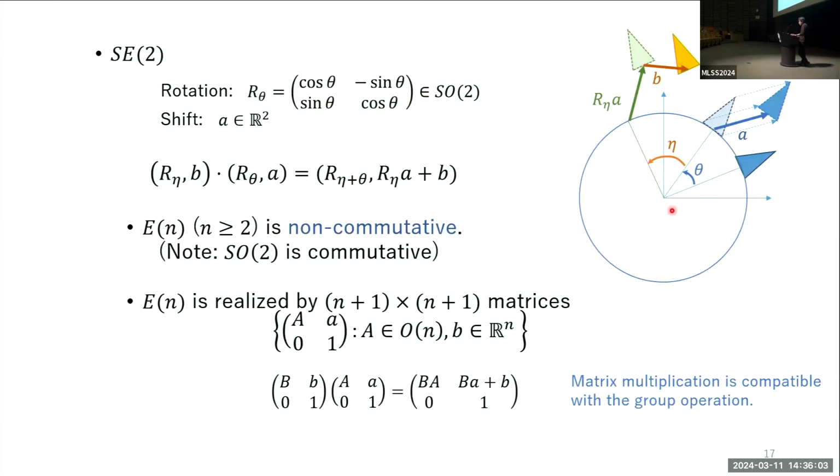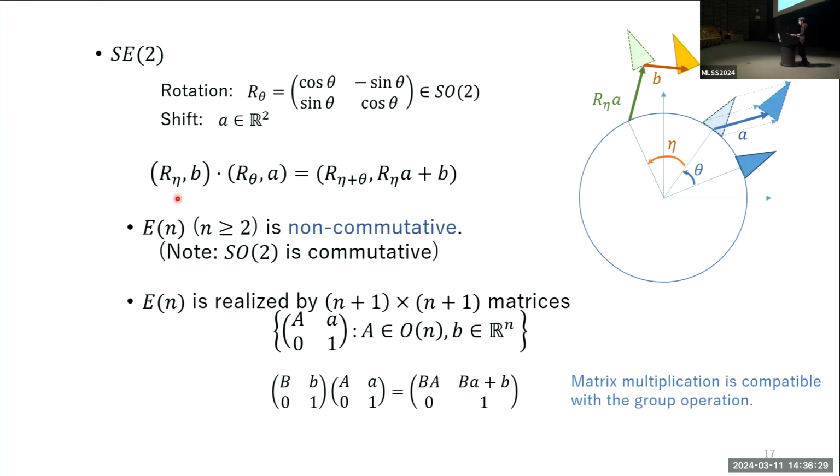First, applying R theta, A moves this triangle to this position: we apply the rotation in this way, and then shift by A. We have this location of the triangle.